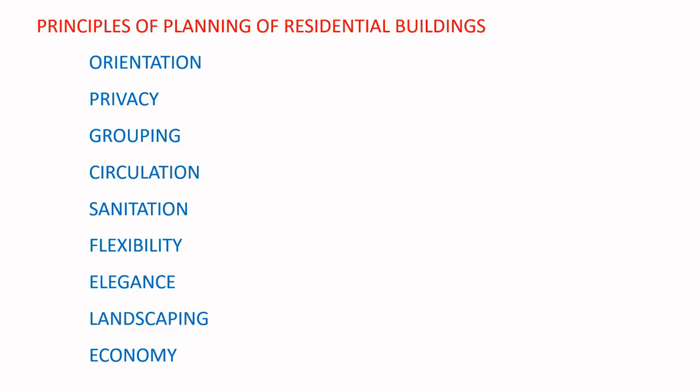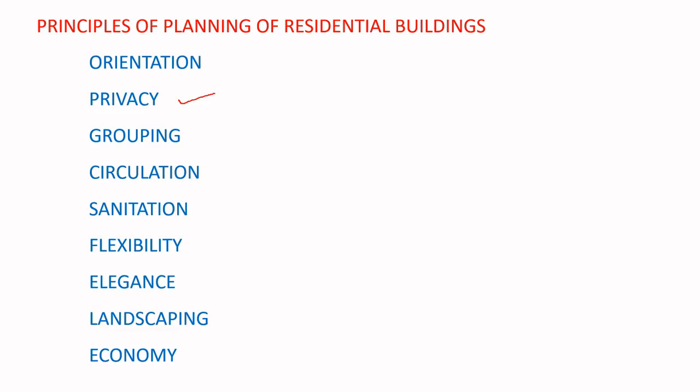So good orientation means the placement of rooms in relation to sun, wind, rain, topography and outlook. And at the same time, it should provide you a convenient access both to the courtyard, compound, streets, etc. Okay, so second one is the privacy.